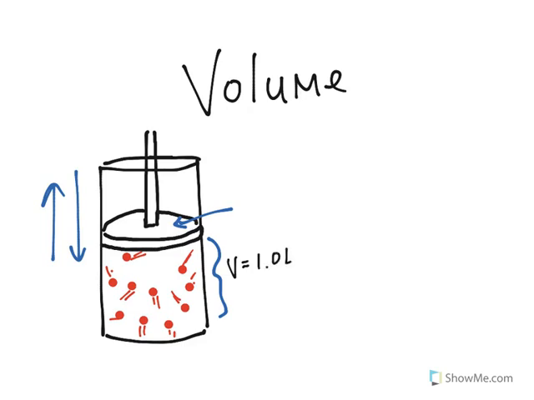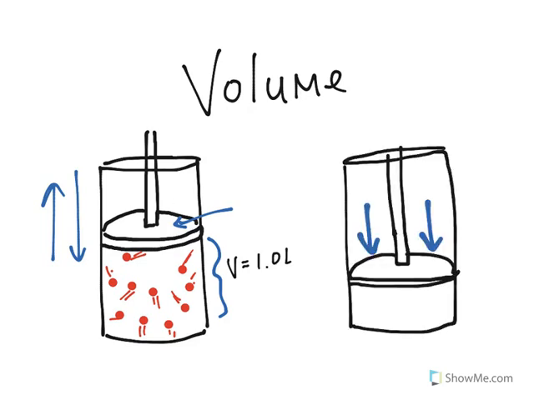Well, what if we were to push this piston downward? I just went ahead and redrew it over here. So what if we push that piston downward and the amount of volume got cut in half? Now instead of 1 liter, your volume is now 0.5 liters.